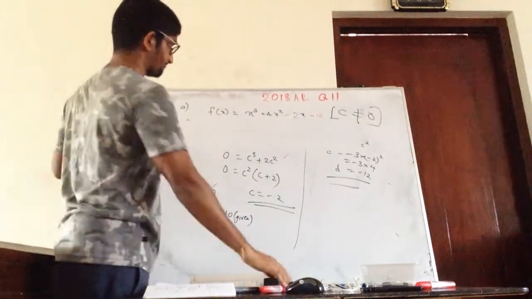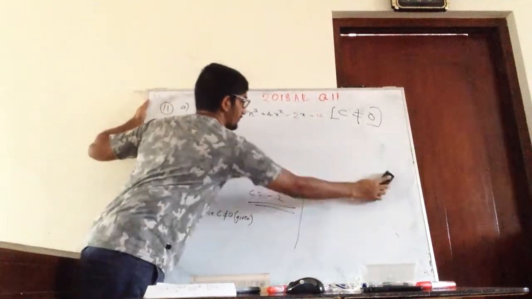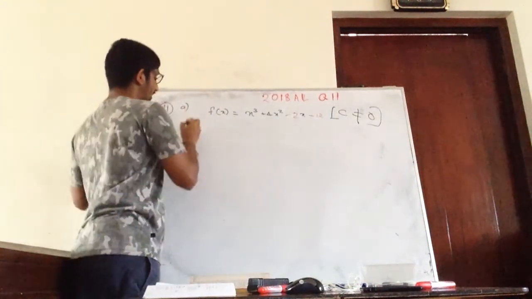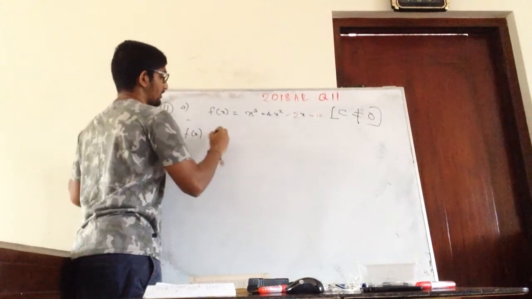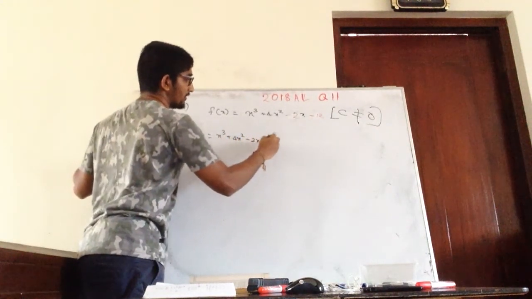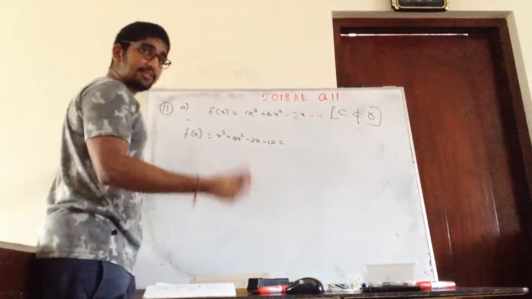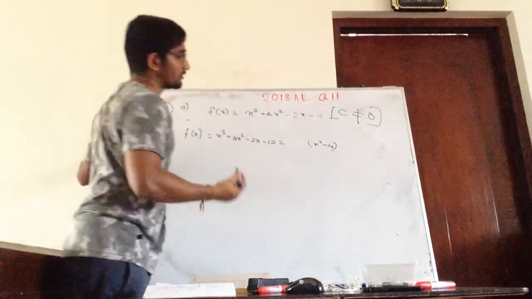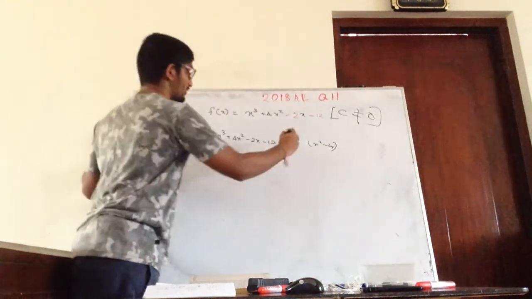So now fx, which is x cube plus 4x squared minus 2x minus 12, is divided by x squared minus 4. Then you will have something.